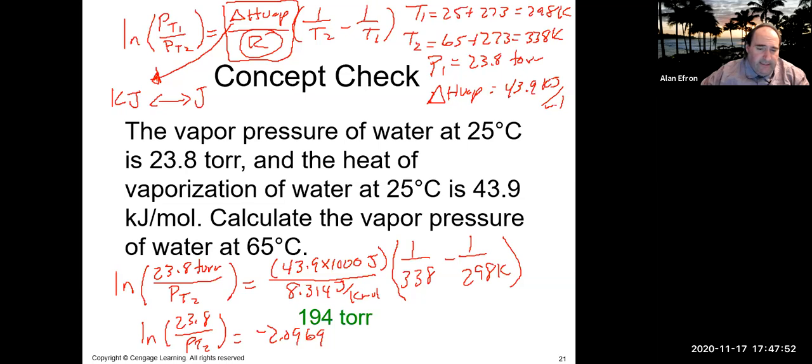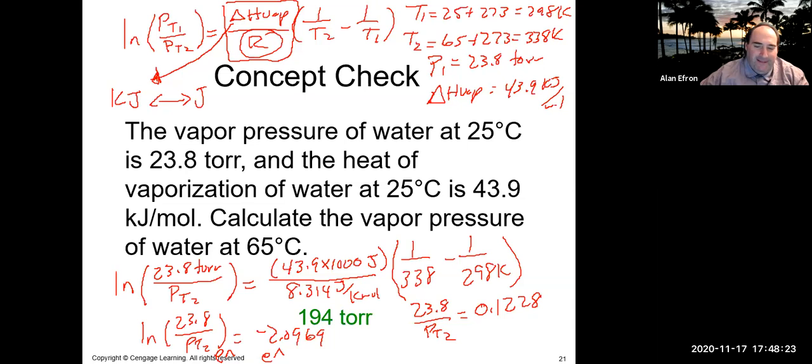So you're basically going to take e to the power of both sides on your calculator, e of that and e of that. If you take e of the left side, that's going to give you just 23.8 over P of temperature 2. And if you take e of minus 2.09, that's going to give us 0.1228. Almost there.